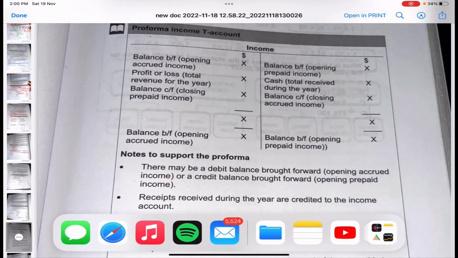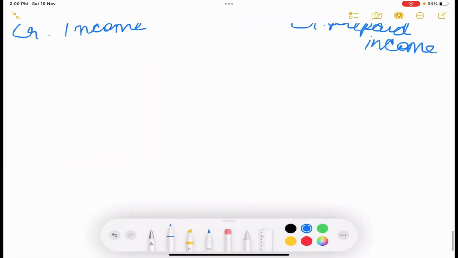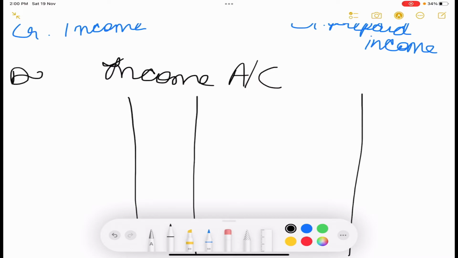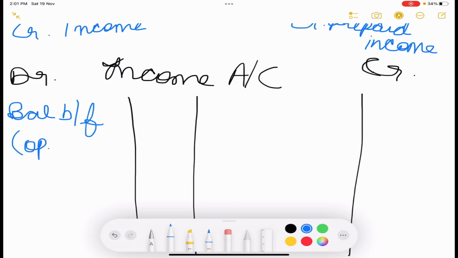Let's make an income account now. Before that, I hope you have made the expense account. So let's make the income account now. Okay, so this is my ledger account, this is the debit side and this is the credit side. What we have to do is, as usual, we are going to start with balance BF. What was balance BF in your expense? This was prepaid. So in income, this will be accrued. Opening accruals.